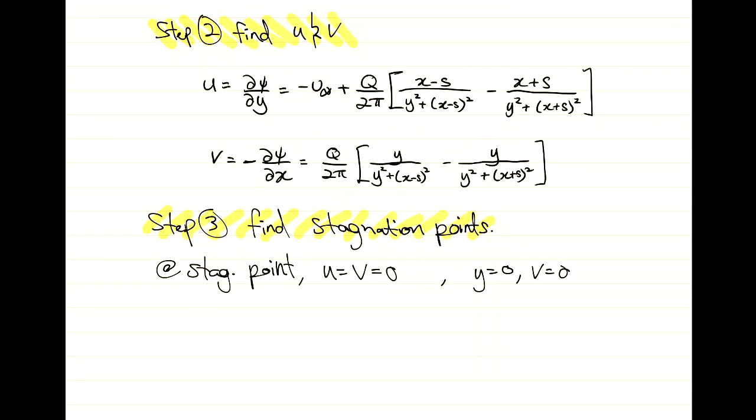We have an expression for them, and we want to find the location when u and v are equal to 0. Hopefully you all can see quite easily that v is 0 when y is 0. So y equals 0 gives you v equals 0.